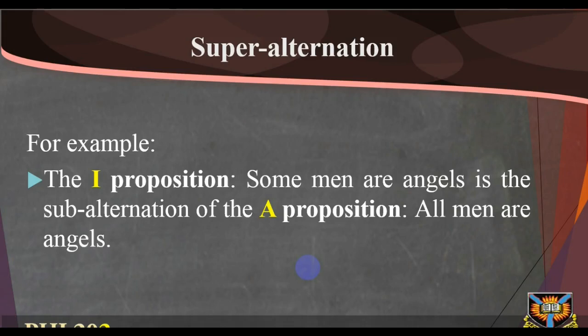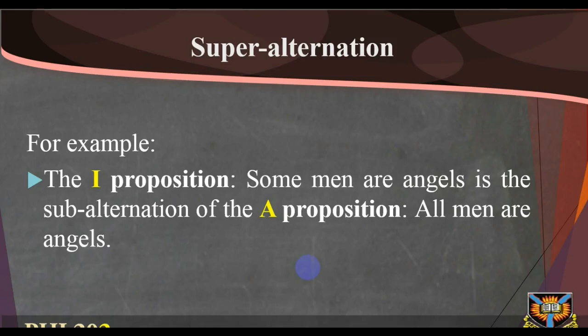If the E proposition is true, then A is false, I is false, and O is true. 3. If the I proposition is true, then E is false, while A and O are undetermined. 4. If the O proposition is true, then A is false, while E and I are undetermined.